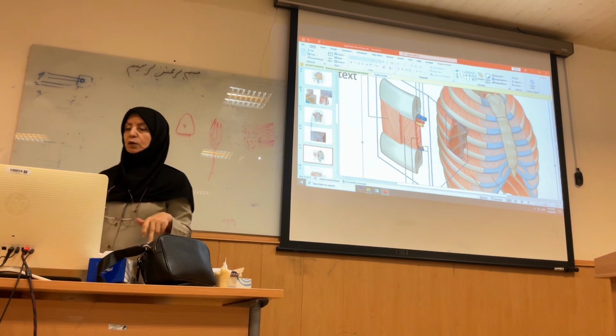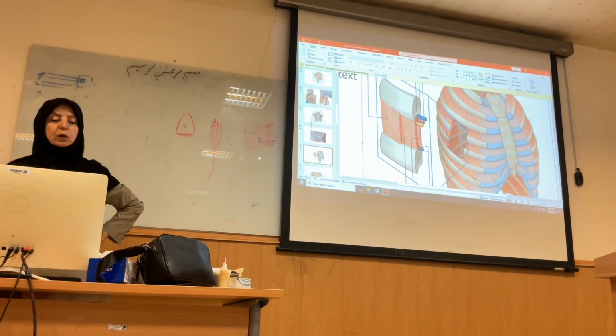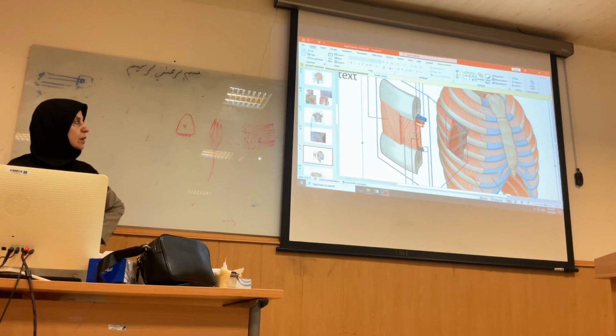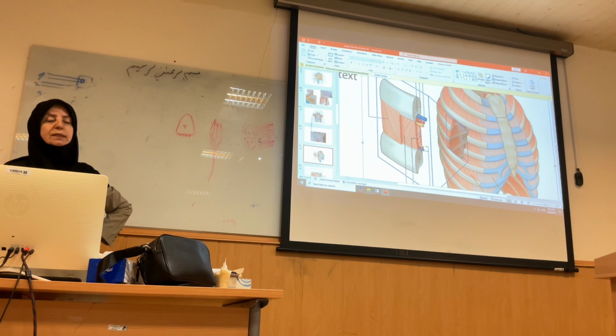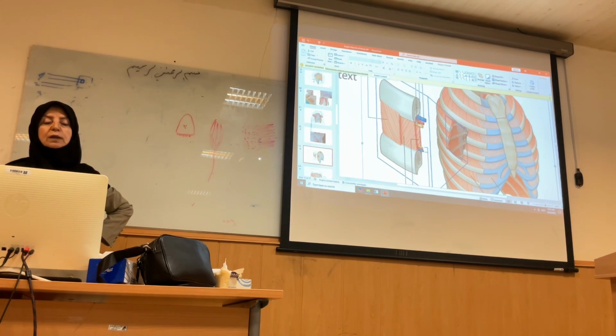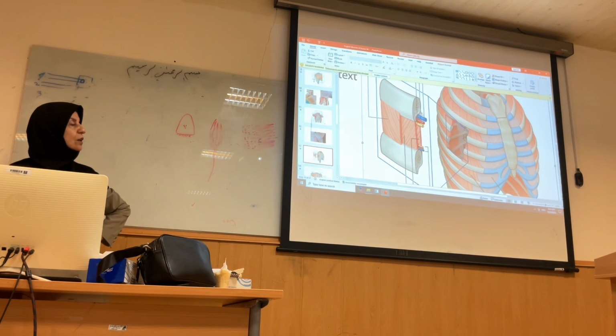Now we are going to explain the intercostal space. In each intercostal space, we have three layers of muscle: external, internal, and innermost intercostal muscle. We are going to look at two costal grooves. The intercostal neurovascular bundle passes inside the costal groove: the vein is superior, the artery is inferior to the vein, and the nerve is inferior to the artery.